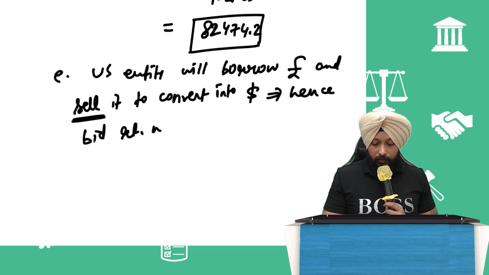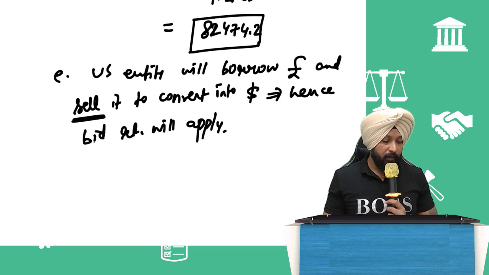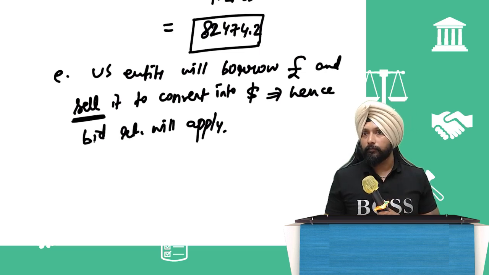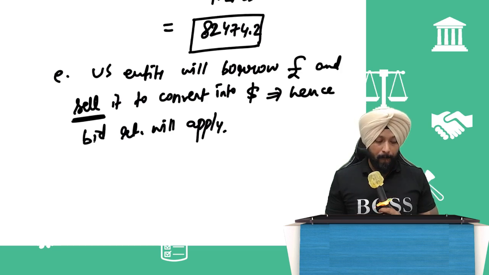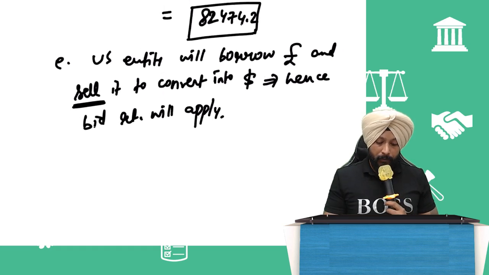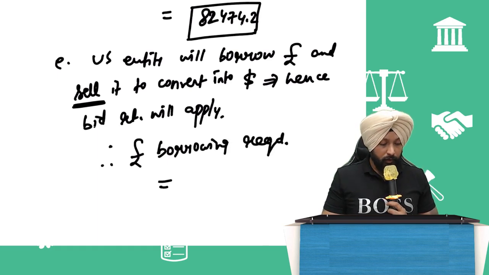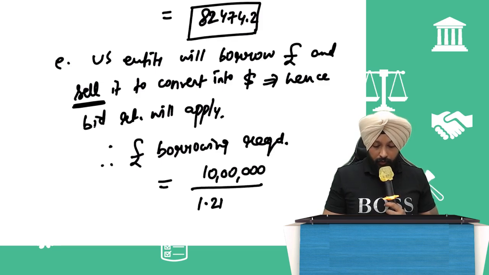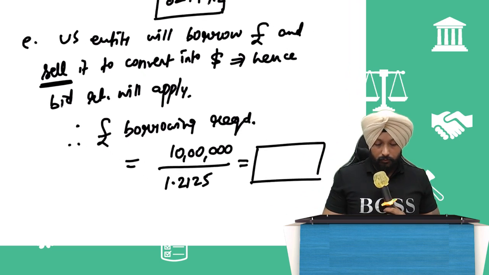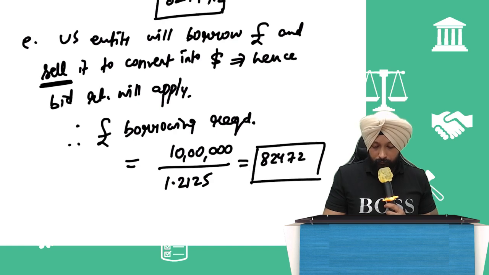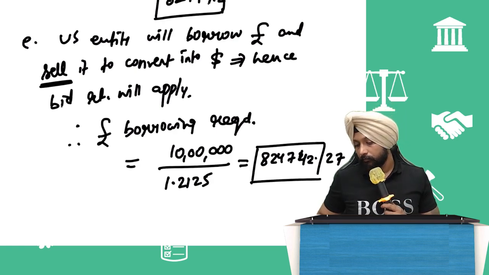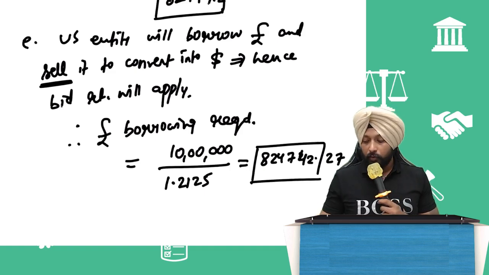Hence bid rate will apply. Pound borrowing required is equal to 10 lakhs divided by 1.2125, which is 824,742.27.